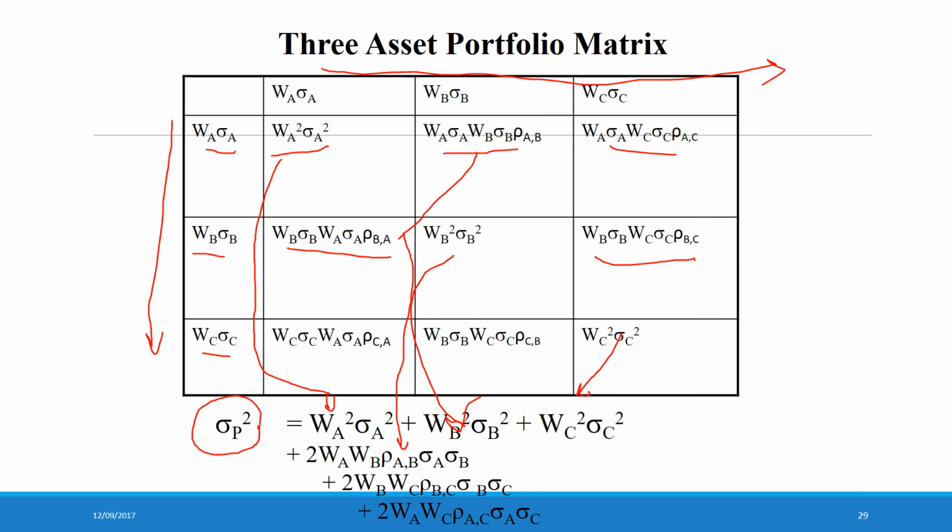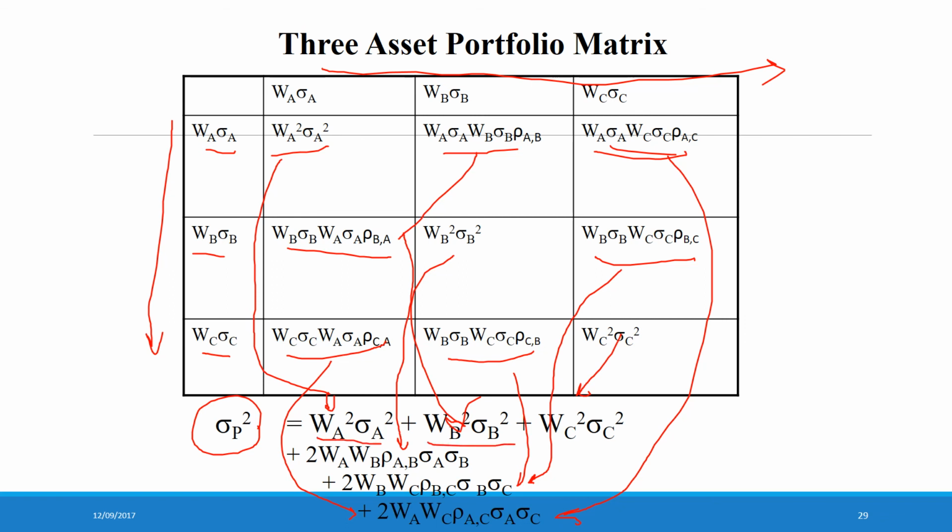This one here and this one here are the same, and this one comes to here. So for a 3-asset portfolio, the variance would be comprised of 3 weighted standard deviation squared terms plus these 3 different terms over here.